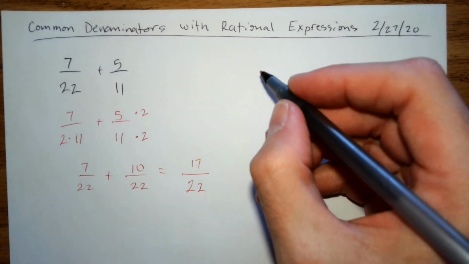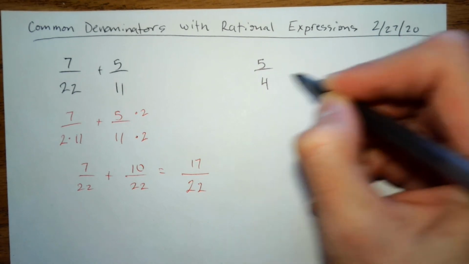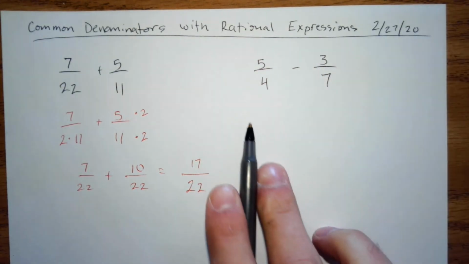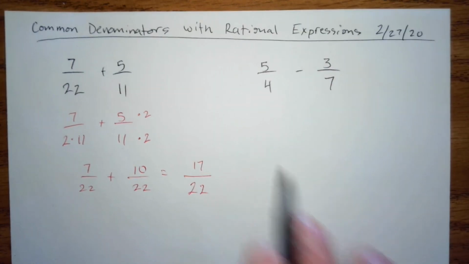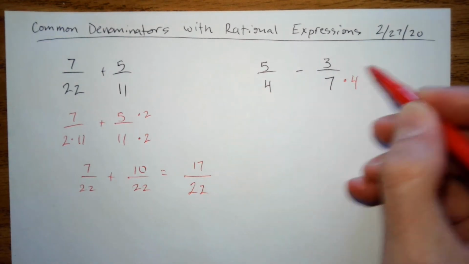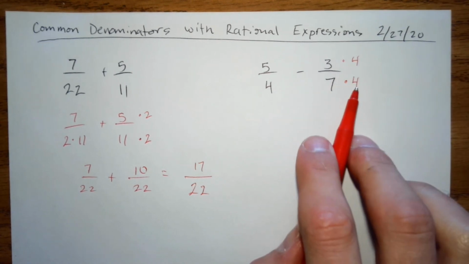So that's what we're doing today. There's also an example that I'm going to have that looks like this. When there's absolutely nothing in common, then you'd have to change both of the denominators. I think the most common mistake is that people forget to multiply the top as well.